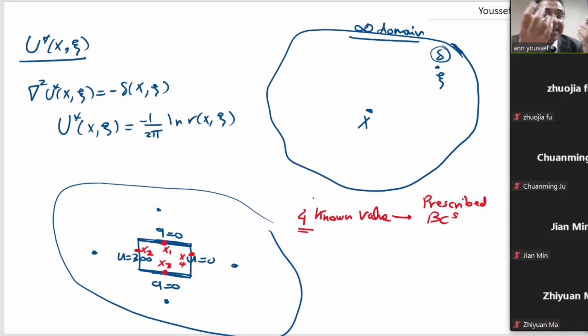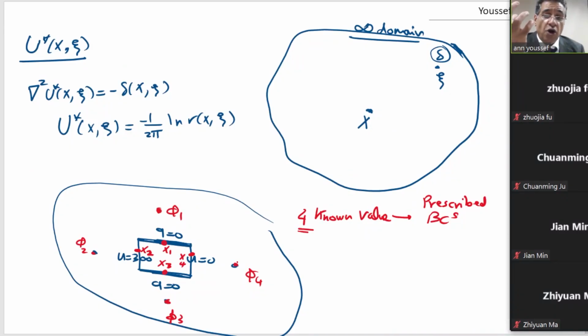So I'm going to choose 4 sources with unknown phi 1, phi 2, phi 3, phi 4. The value of phi has the same nature as u, so practically you put a potential over there to give the effect for this source.